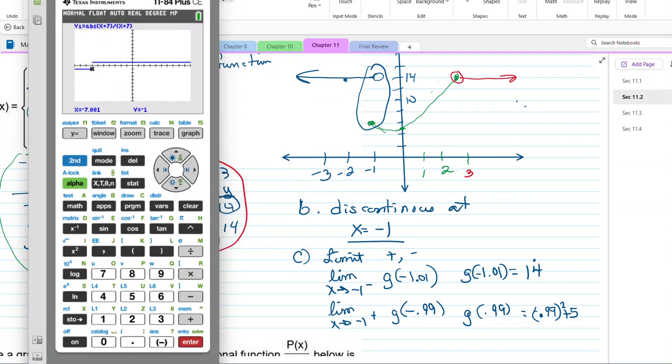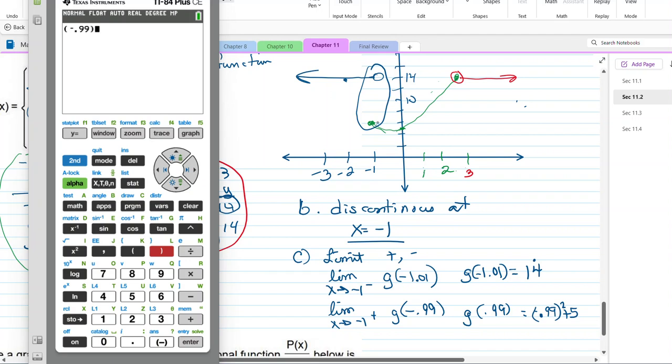I don't have that graph on there, so I'm going to do it on the home screen. On that one, I'm going to have parenthesis negative 0.99, that's the number from the right, squared, plus 5.